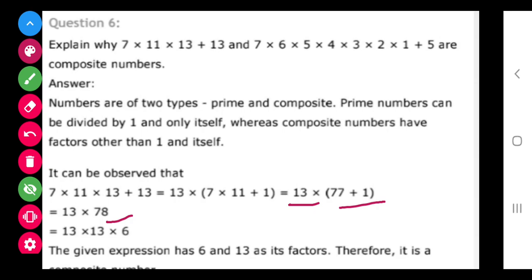So this has a product of, here only we can say that 13 into 78. There is another factor of the same number. ये एक नंबर है जो कि 13 into 78 लिखे जा सकता है. No need to do this, यहीं पे पता चल जा रहा है.